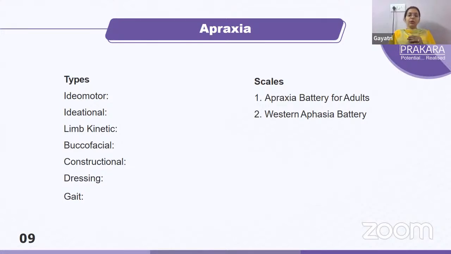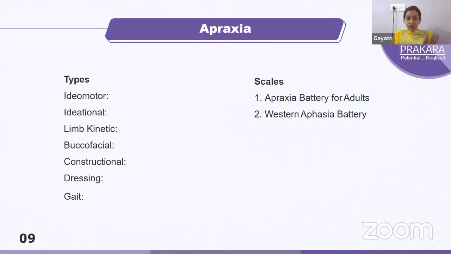We also test for spontaneous speech, which means the patient is supposed to spontaneously ask or talk about a topic, or add his or her own value in the conversation that you are having. That is what we test in the Western Aphasia Battery. Naming the objects also we test on this. So these are two basic outcome measures.